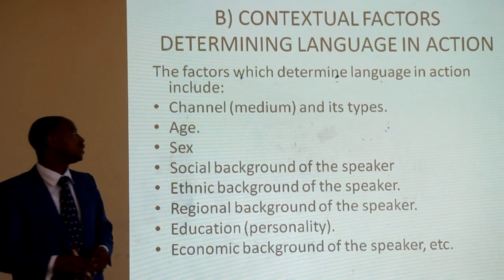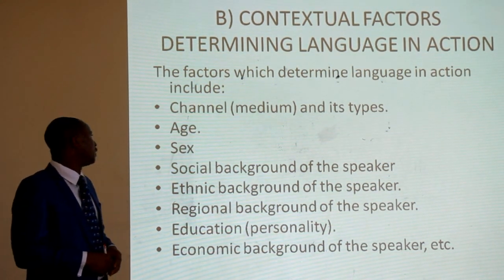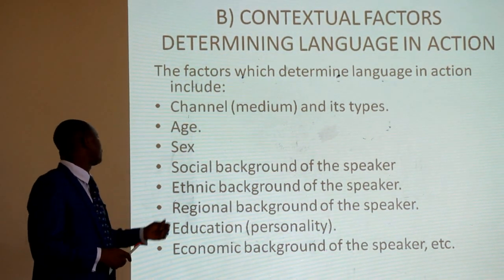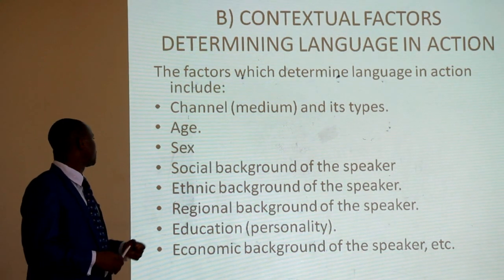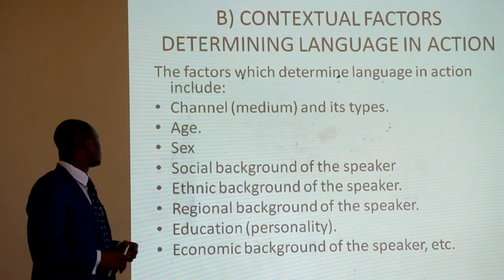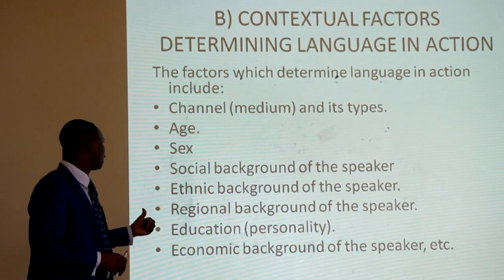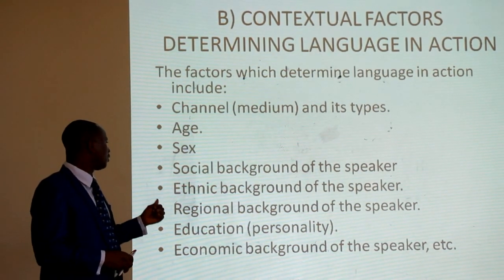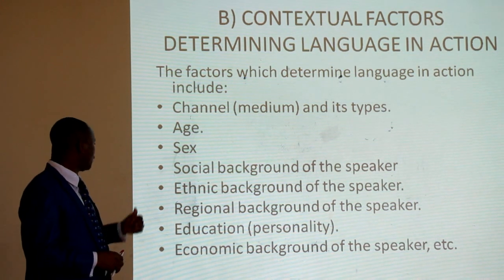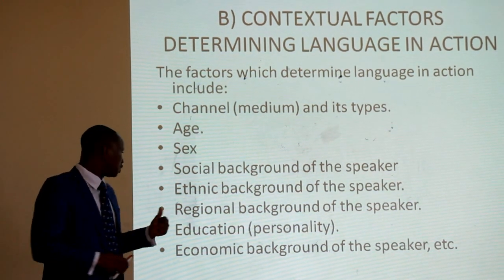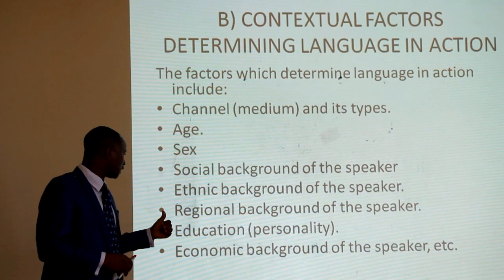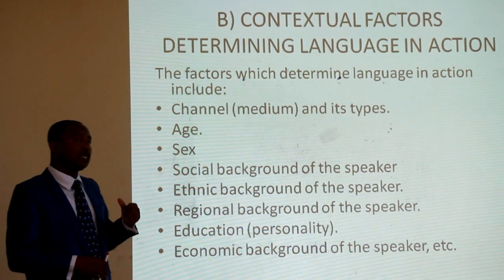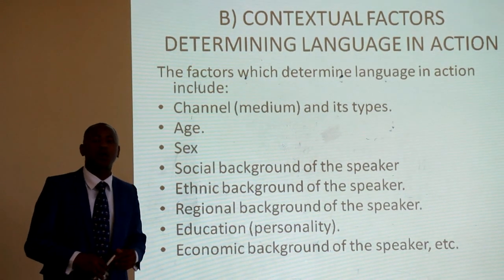They include the channel or the medium and its types, age, sex, social background of the speaker, the ethnic background of the speaker, the regional background of the speaker, the education of the speaker that contributes to his personality, and the economic background of the speaker.